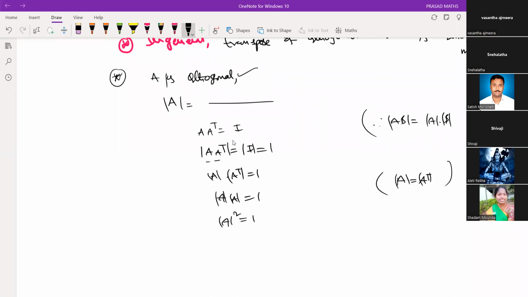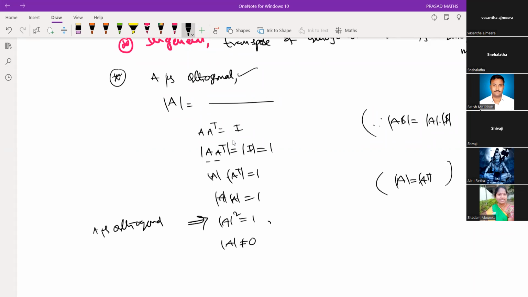So det A should be non-zero. If det A is 0, 0 square could not be 1. Therefore, whenever A is an orthogonal matrix, det A square is equal to 1.